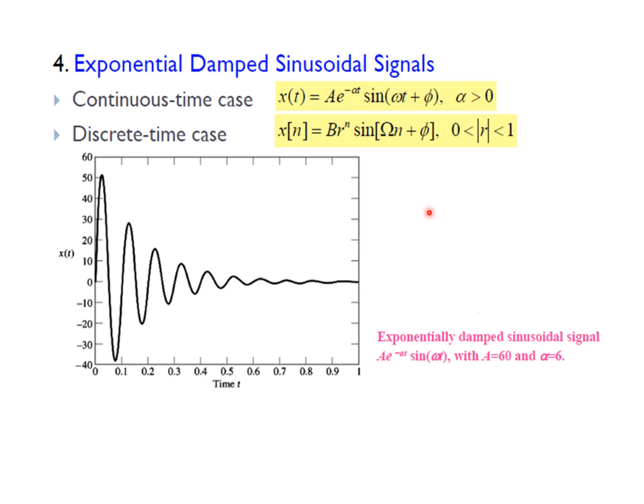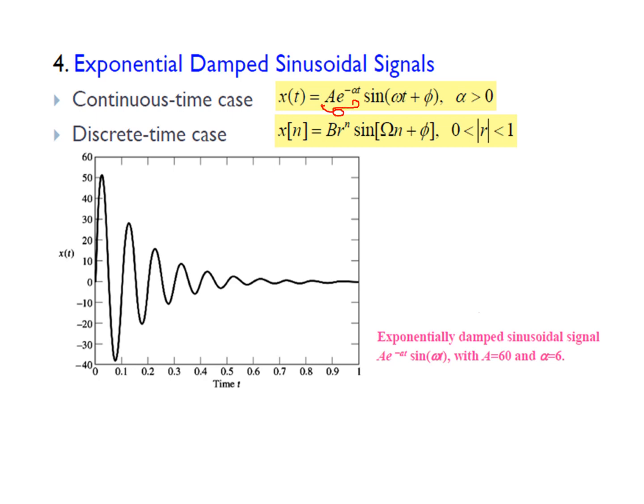A continuous time exponentially damped sinusoidal signal is given by x of t is equal to A into e to the power of minus alpha t into sine of omega t plus phi, where alpha is greater than 0. That is, alpha is positive.